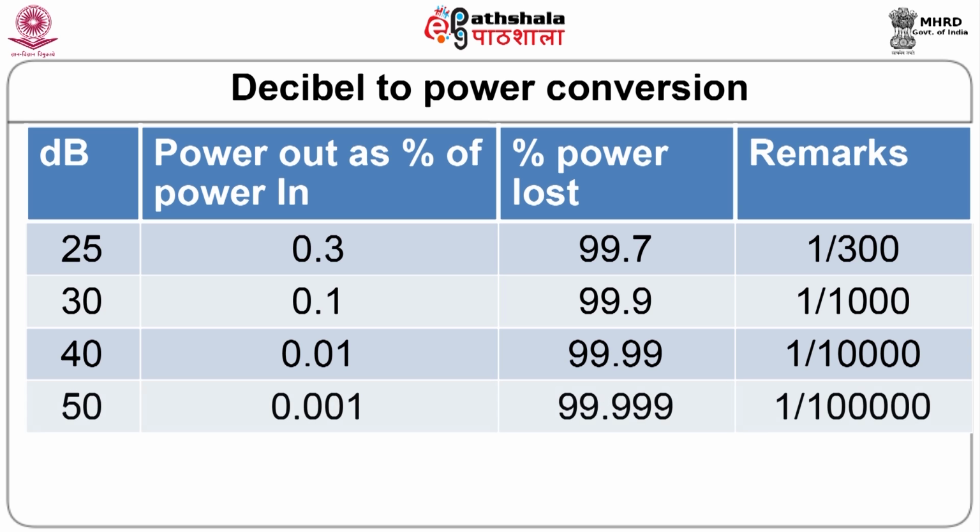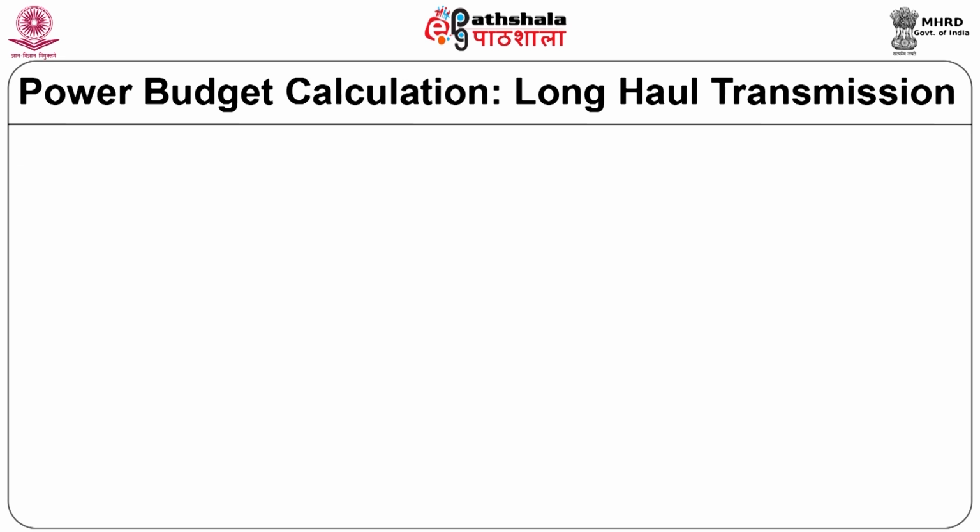And 50 dB means 0.001% power out as percentage of power in and percentage power lost is 99.999, that is 1/1 lakh.